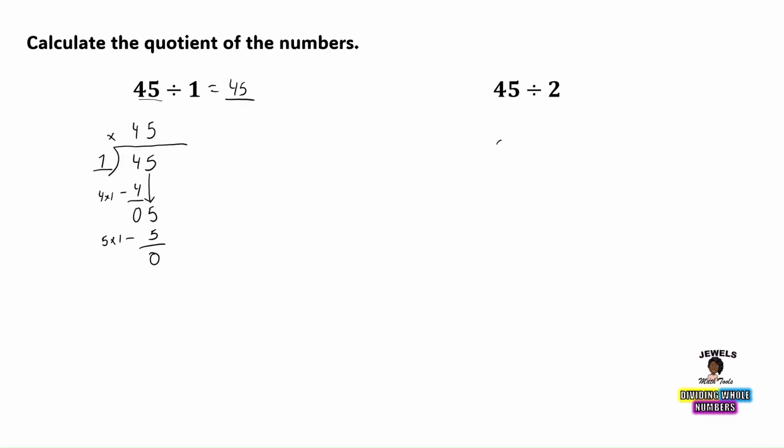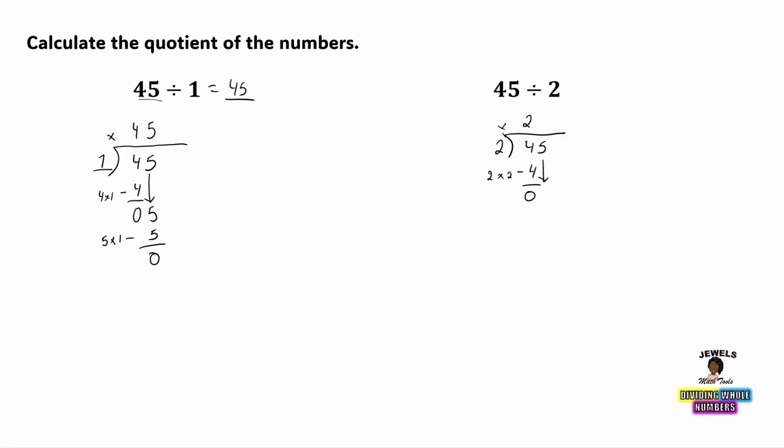So let's begin our second example. We're dividing 2 into 45. And just like I did before, I will divide one digit at a time. So 2 will divide into 4 twice. We have 2 times 2 is equal to 4. 4 minus 4 gives us a difference of 0.